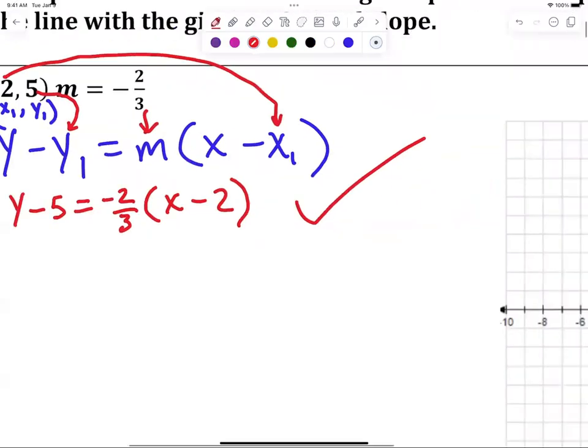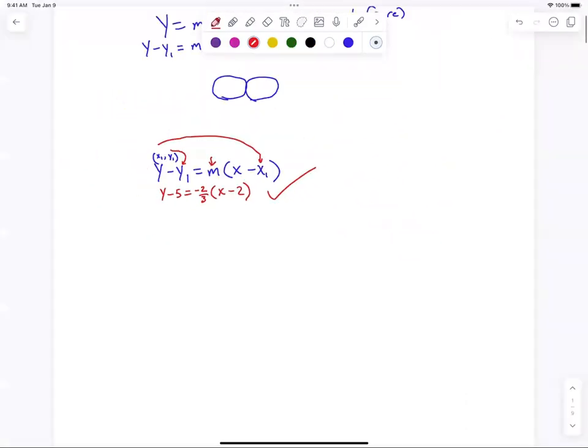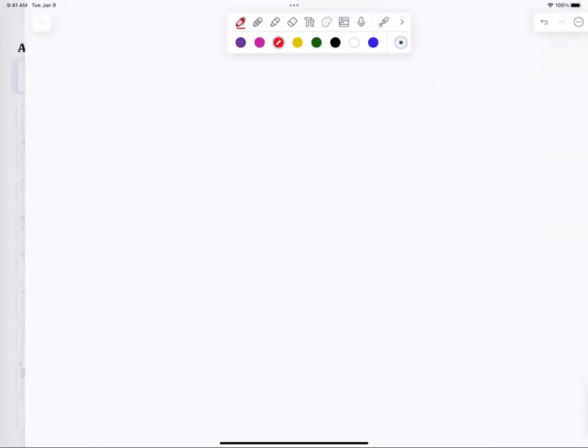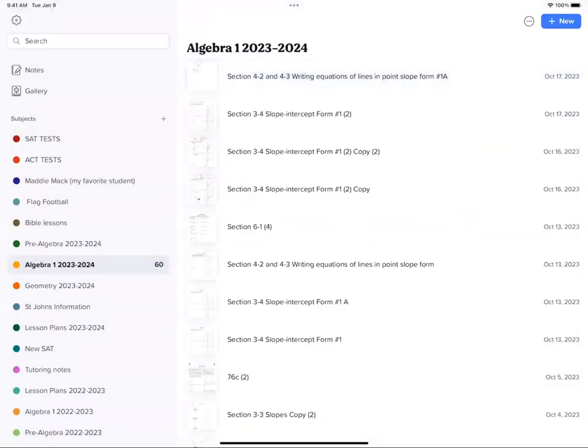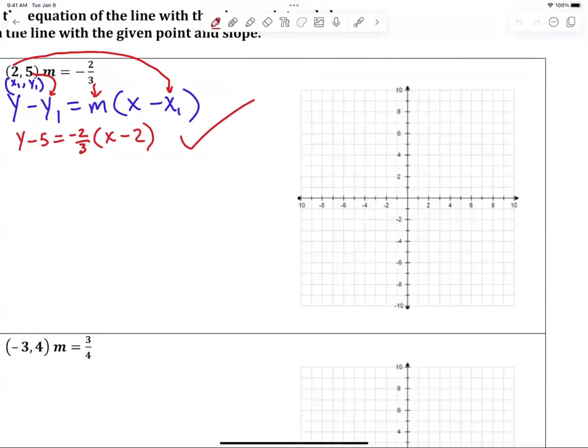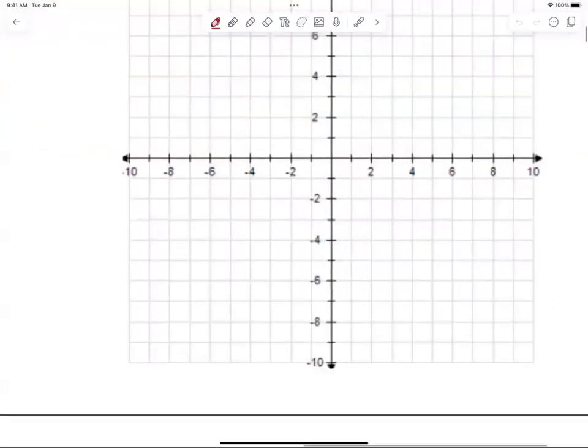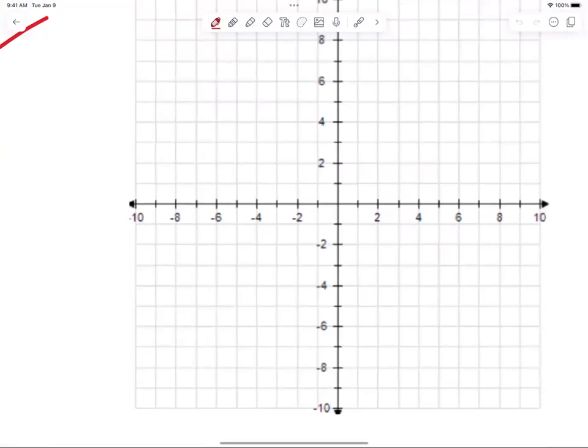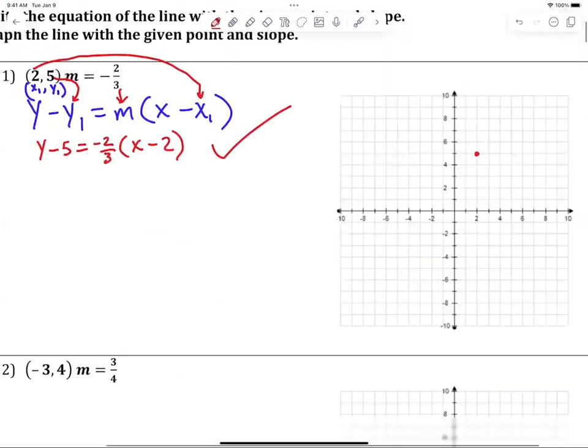Now we're going to graph. Notice, in order to graph, I need to plot the point. What point am I plotting? 2, 5. Whoever said that, pat yourself on the back. You plot the point 2, 5. Now, from that point, you use the slope.